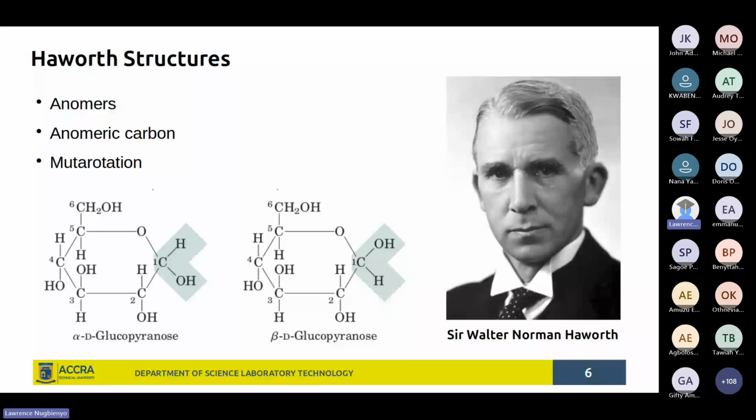The mutarotation is something which will be constant, ongoing in there. Except that, like I said, when we come to the formation of the glycosidic bonds, you see more significance in the alpha configuration and the beta configuration, with some specificity to the enzymes that can break down the oligosaccharides and the polysaccharides that are formed from these configurations.